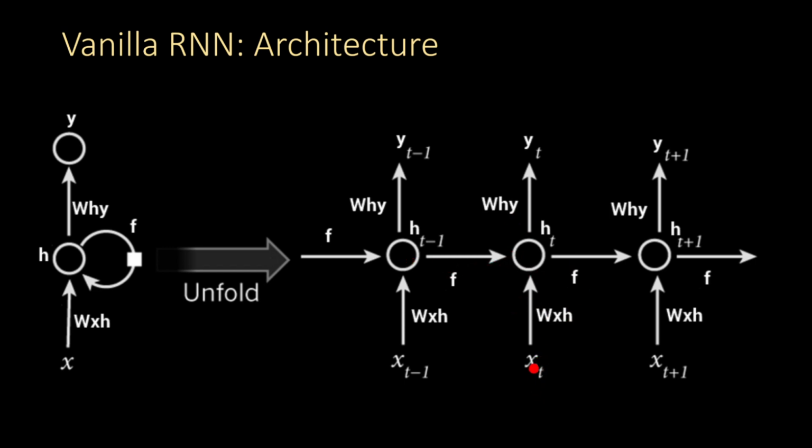Let's take a look at time t, where you get an input. In addition to the input x at time t and the input weights, your hidden state receives input from the previous hidden state. A transition weight matrix is applied here, but you keep that information to some extent, and then you create the output.